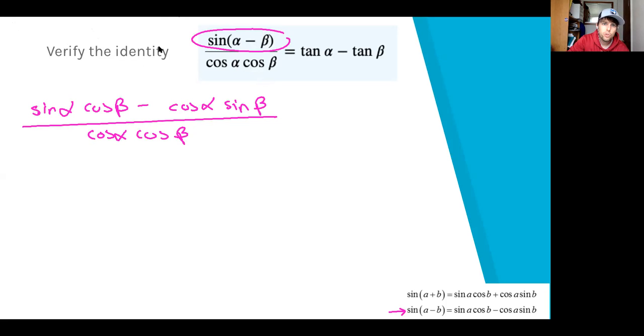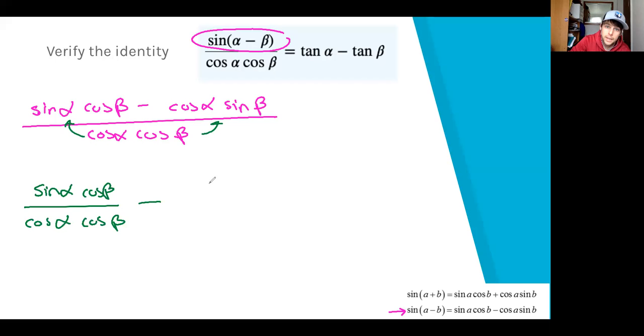So I'm going to go ahead and distribute this division. I'm going to divide both parts with this. So we end up with sine alpha cosine beta on top, and cosine alpha cosine beta on the bottom, minus cosine alpha sine beta on top, divided by cosine alpha cosine beta.